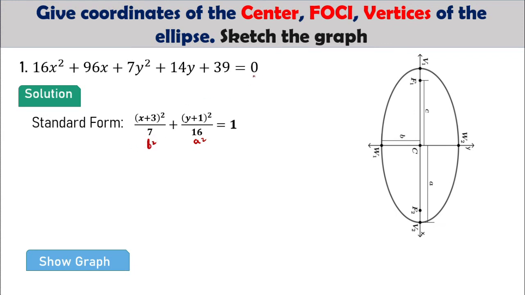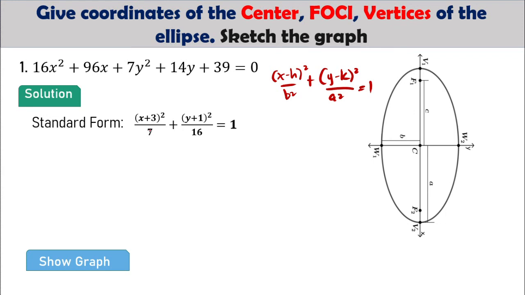Okay, so this is in the form x minus h squared over b squared plus y minus k squared over a squared is equal to 1. So naka-vertical siya. So ganito yung form niya. Alright. So erase na natin to ha. So ibig sabihin yung major axis niya nasa vertical.